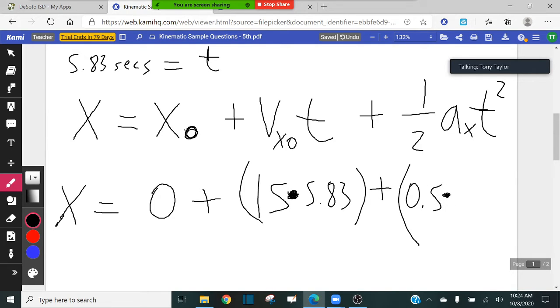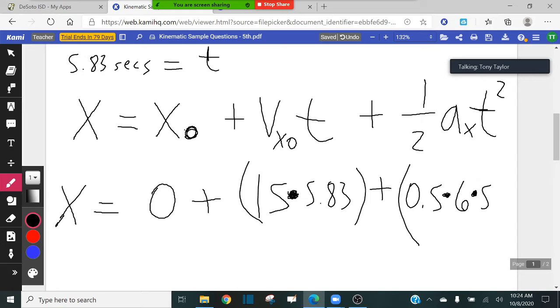What was the acceleration of the airplane? Well, we were told above that the airplane's acceleration was 6 meters per second squared along the x direction, multiplied by the time. Remember, the time here gets squared. We saw that this time is 5.83 seconds.